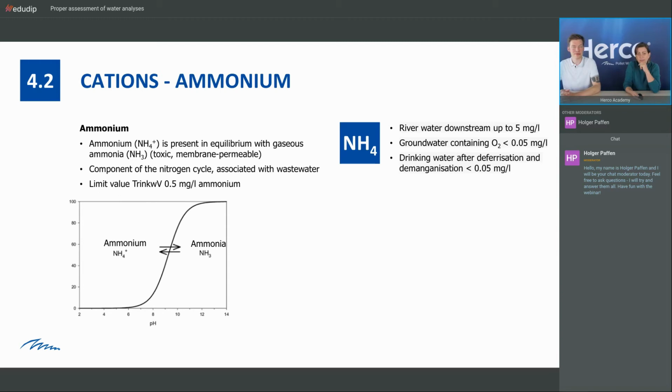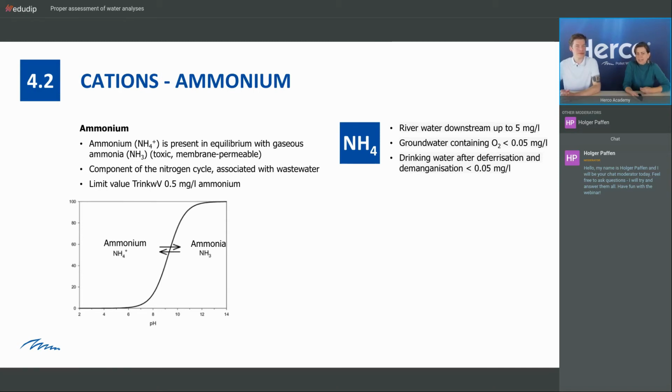And we had a project where the pH was getting a bit higher. Normally, it's not such a big problem because you only have a significant percentage of ammonia as a gas when you are over a pH of 8, let's say from 9 on. But in that case, we had water that was relatively alkaline. We passed the membrane.